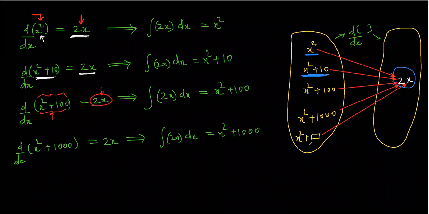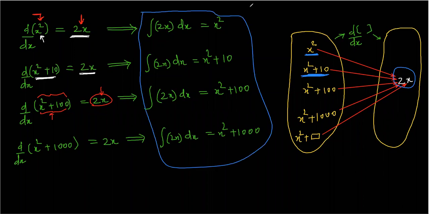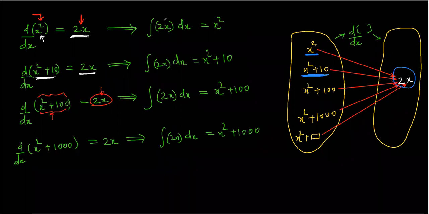It is always unique. But now I want you all to see the other part, that is after this implication sign. See here what's happening. You notice integration of 2x with respect to x is x square.